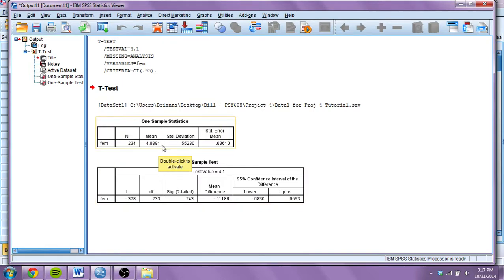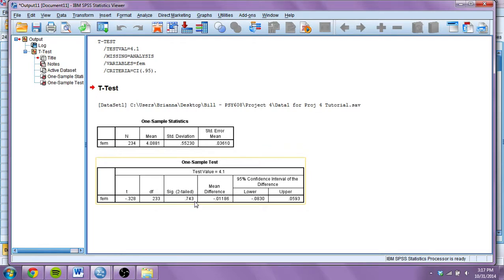So how likely is it that the true mean of FEM is 4.1 given our obtained mean of 4.08? And you want to look at this probability value, 0.743. That's pretty high. There's a 74% chance is the way that you would interpret that.